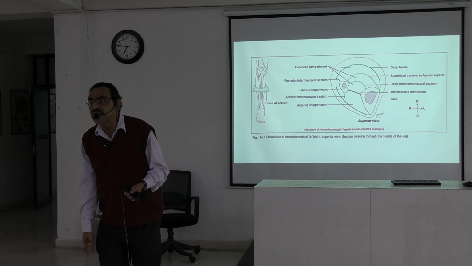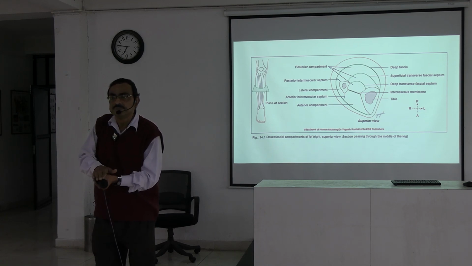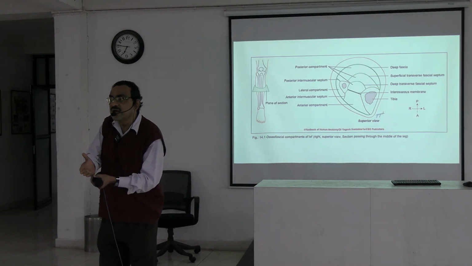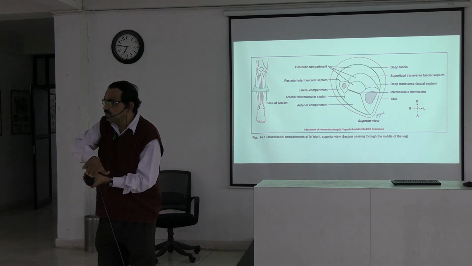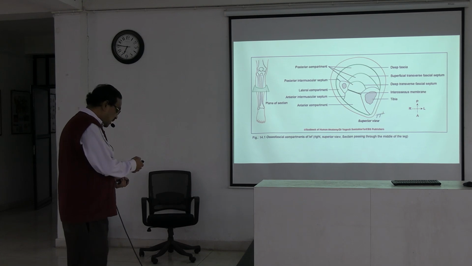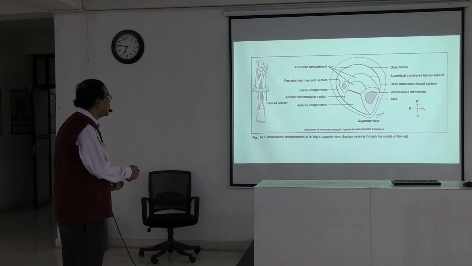Whereas the muscles of the anterior compartment like tibialis anterior cause elevation of the medial border, so they are the inverters. Inversion, eversion. So in the lateral compartment, though it is a small compartment, we get two muscles.